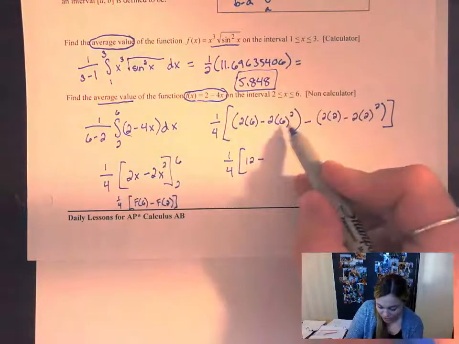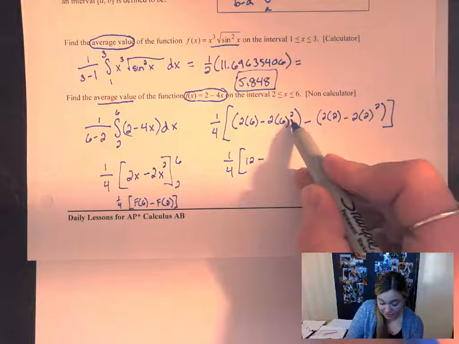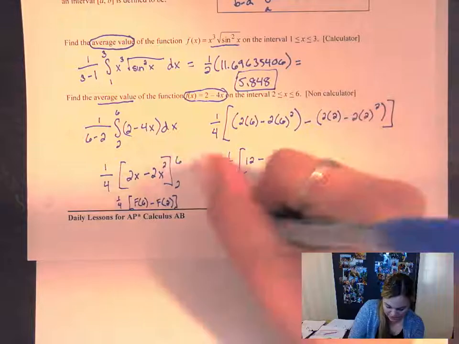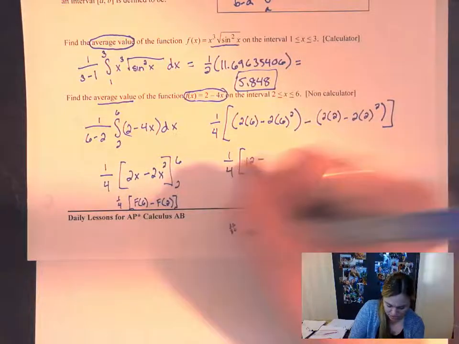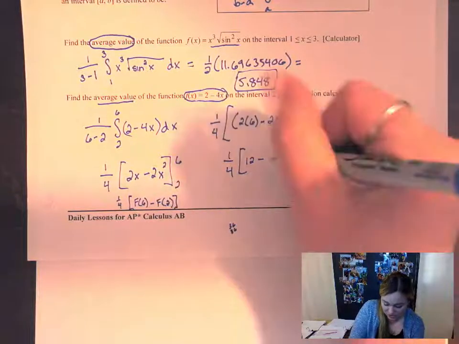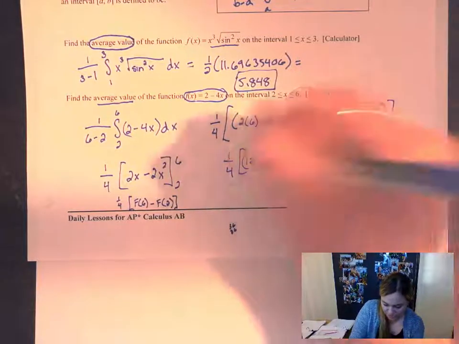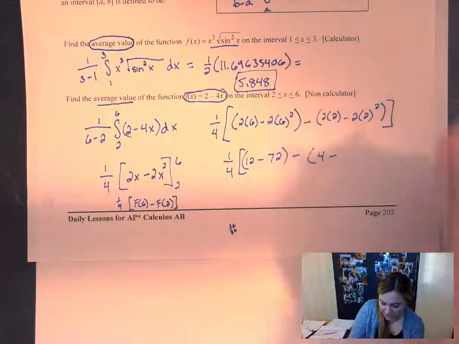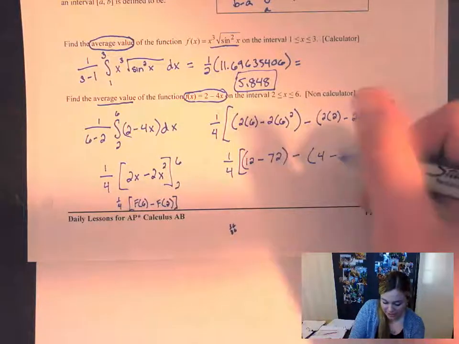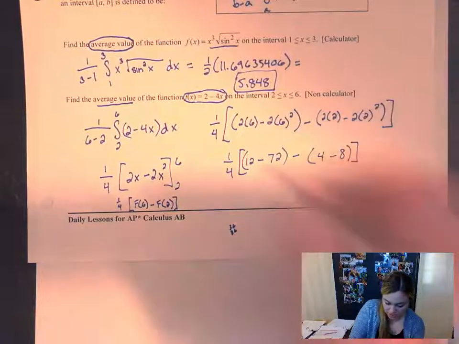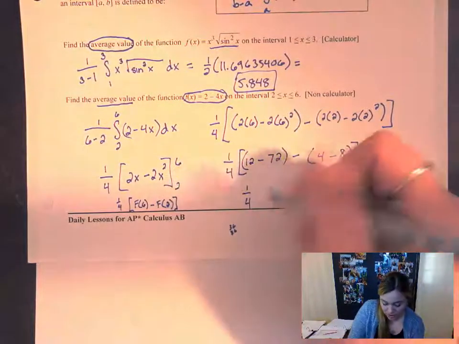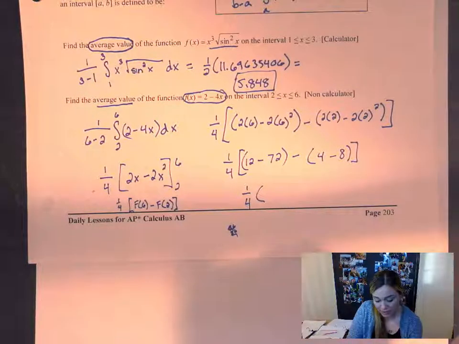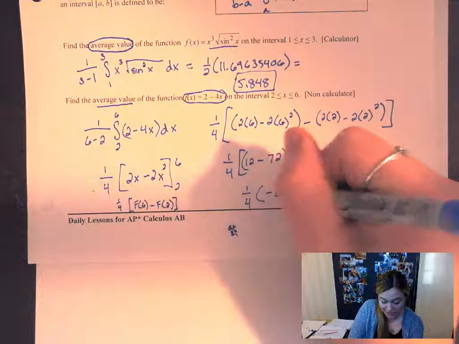Okay, so I've got 12 minus 6 squared is 36, times 2 would be, what is 36 times 2? It's early. 72, there it is. This would be 4 minus 2 squared is 4, times 2 is 8. 12 minus 72, well, 72 minus 12 will be 60, so this would be negative 60.